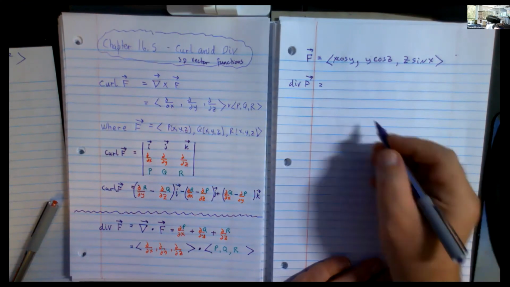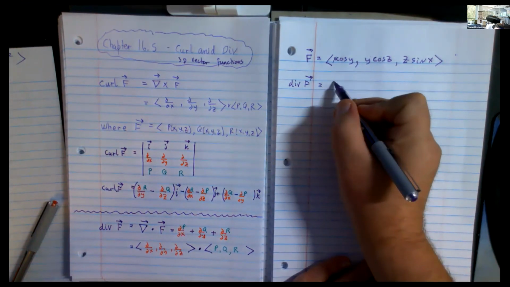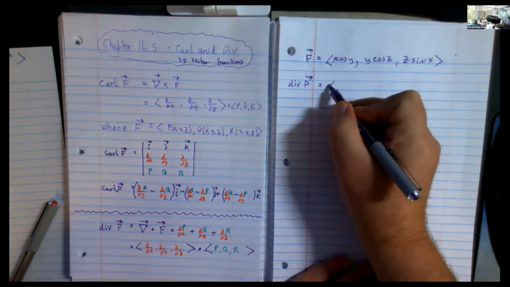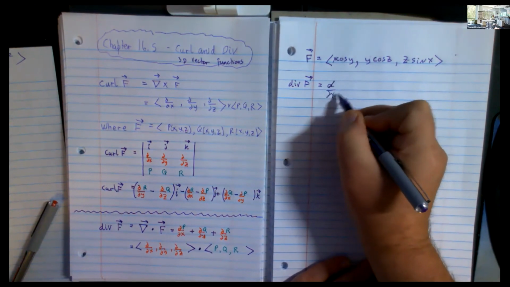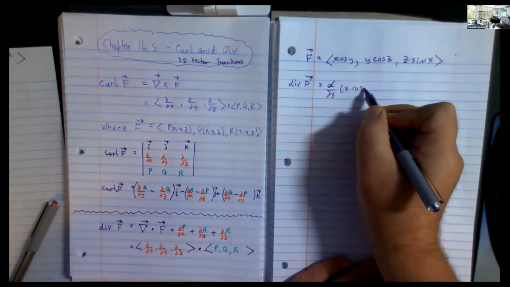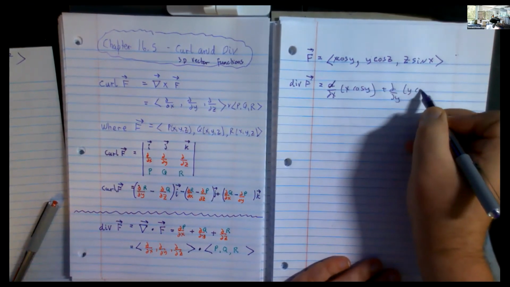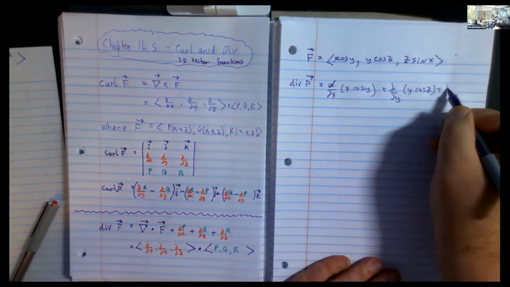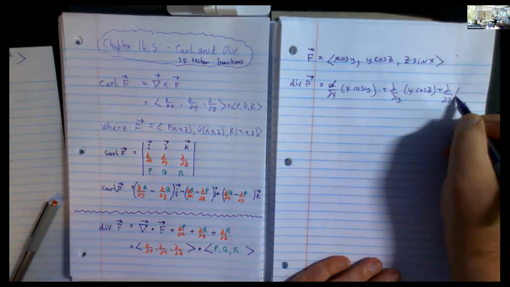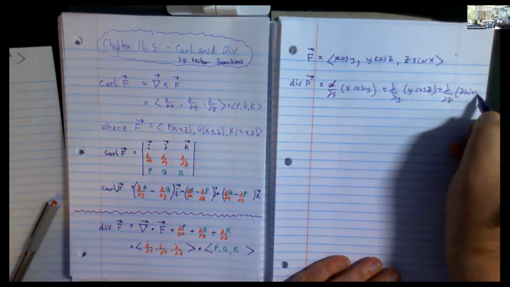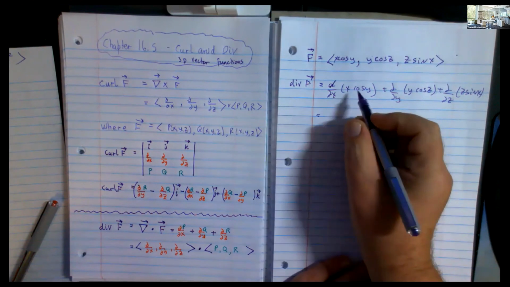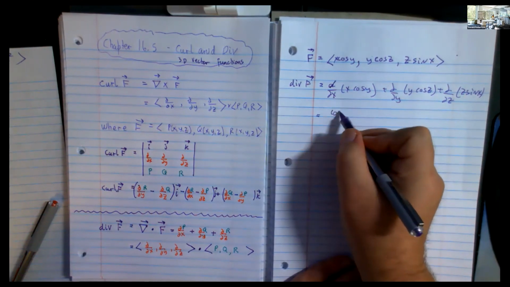So do this guy, partial derivative with respect to x plus partial derivative with respect to y plus partial derivative with respect to z. And let's see what we get. This guy gets me cosine y.